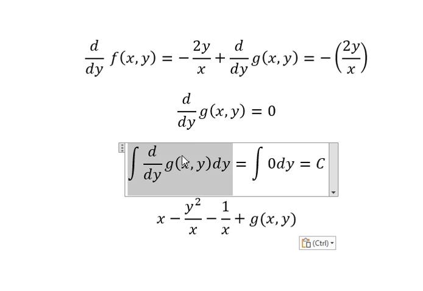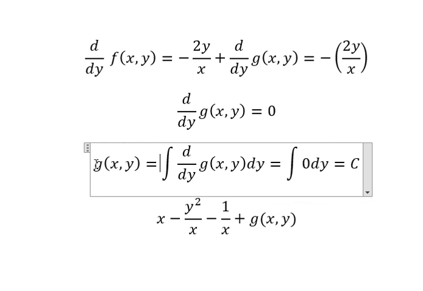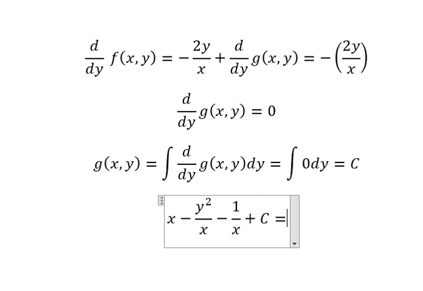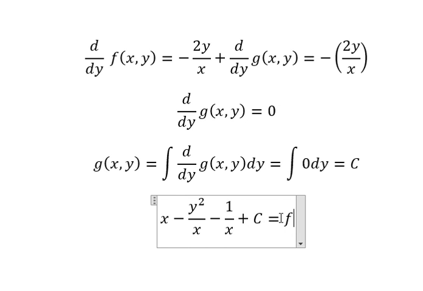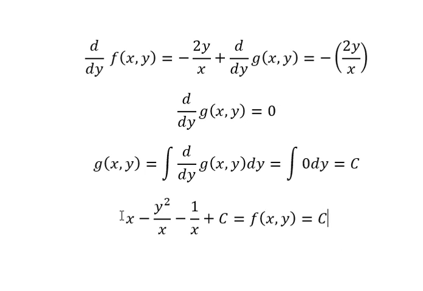The integration of this one, we have 3sy. And we know that 3sy equals c, so we change this one into c. And we know that this one equals f(s,y). f(s,y) equals c, and we can simplify like this.